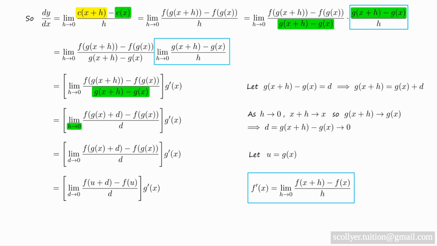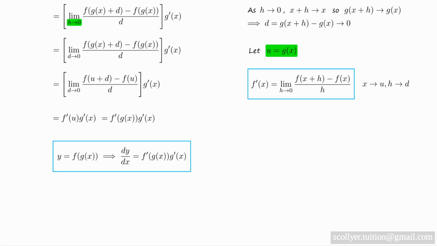We now note that the expression inside the square brackets is identical to the expression for f dashed of x after we have made the substitutions x goes to u and h goes to d. And so we obtain f dashed of u times g dashed of x. And recalling that u equals g of x, this becomes f dashed of g of x times g dashed of x, which as expected is a product of f dashed and g dashed.